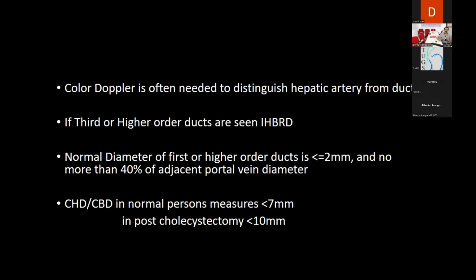The portal vein and the bile duct are of equal caliber. The normal bile duct is less than 7 millimeters, but in the post-cholecystectomy state and in the elderly, the bile duct can be up to 10 millimeters. If you have a bile duct which is more than 12 millimeters, one should suspect that the patient probably has a choledochal cyst.